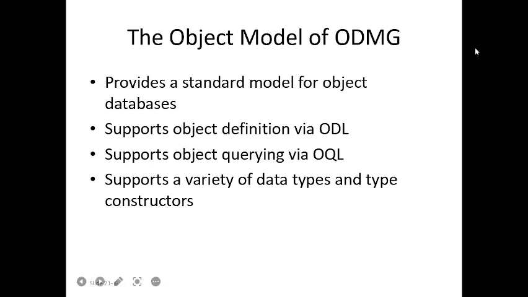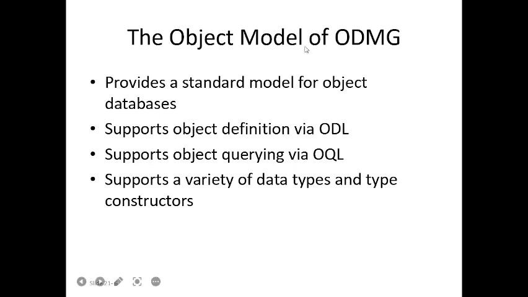So the object model of ODMG. What is ODMG? As commercial object DBMSs became available, the need for a standard model and language was recognized. Because the formal procedure for approval of standards normally takes a number of years, a consortium of object DBMS vendors and users, called ODMG, proposed a standard whose current specification is known as the ODMG 3.0 standard.